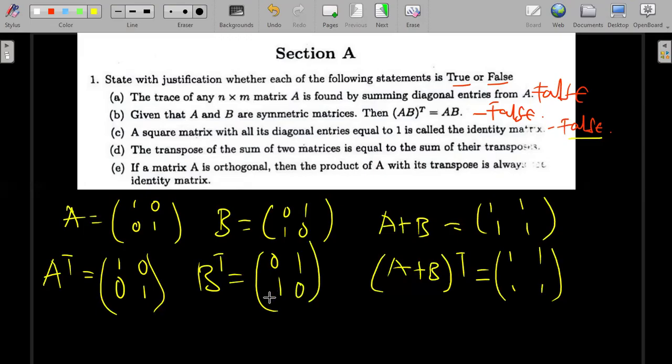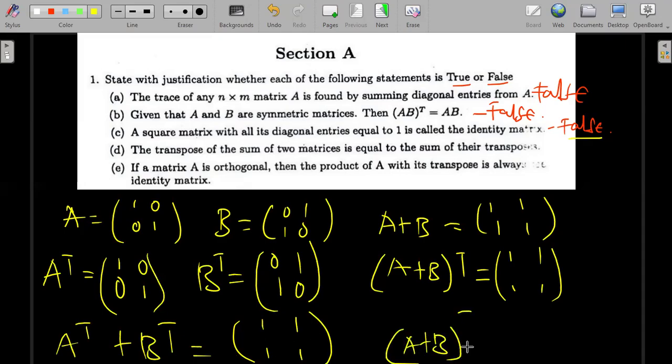When we add A transpose plus B transpose, what we get will also be 1, 1, 1, 1. So we see that indeed A plus B transpose is the same as A transpose plus B transpose.